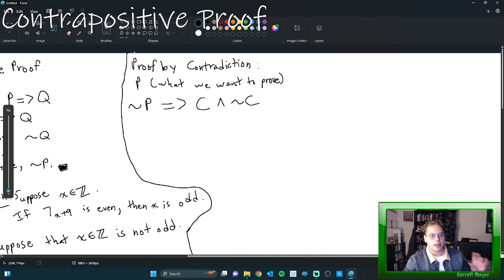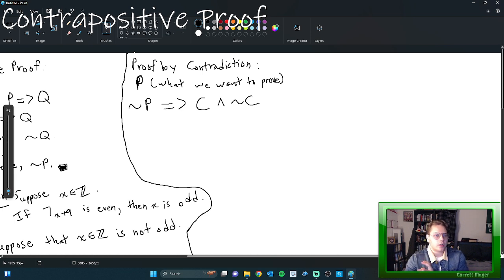All it's trying to show is that it leads to some contradiction. It shows us that C and not C are true at the same time. And one thing to note here is that P is logically equivalent to not P implies a contradiction, C and not C.